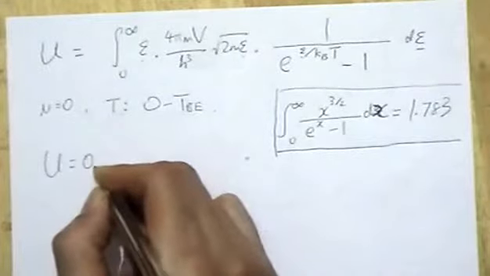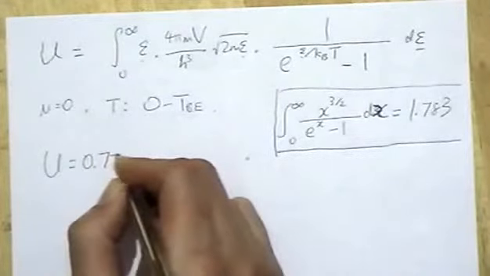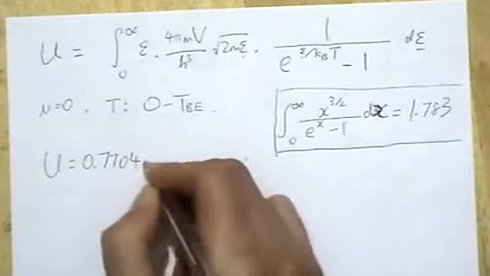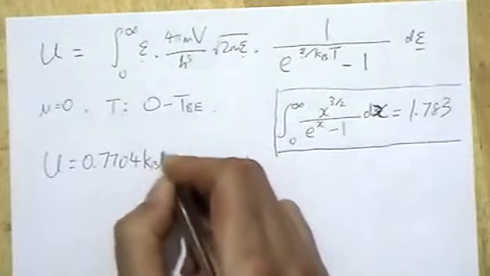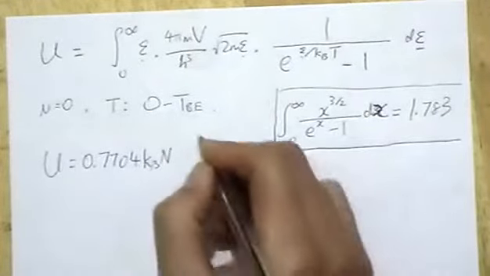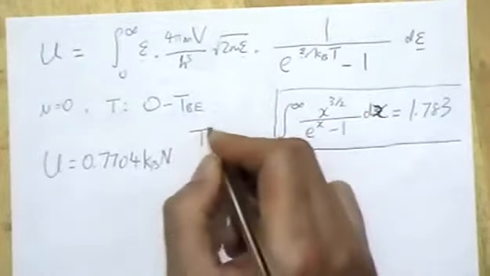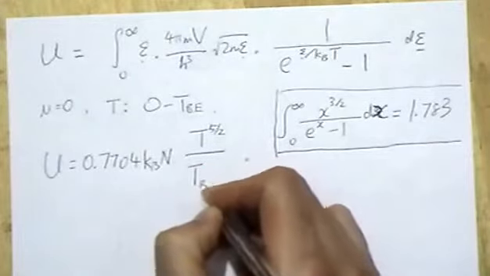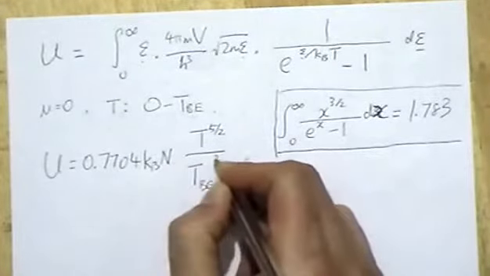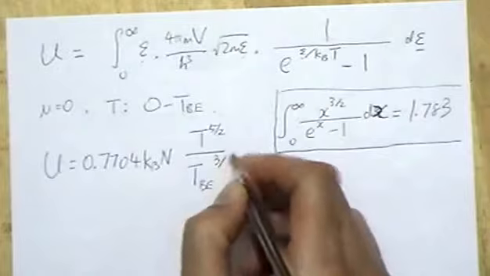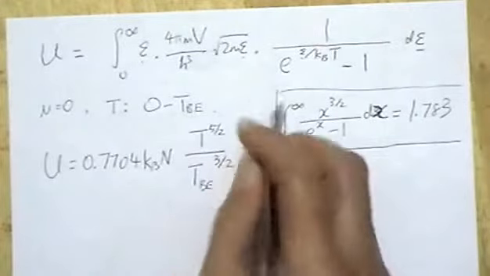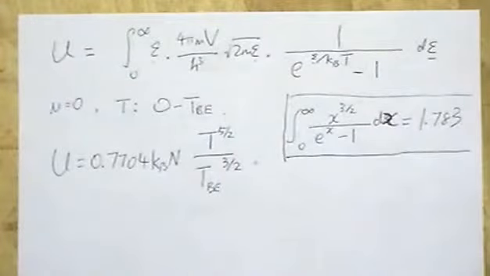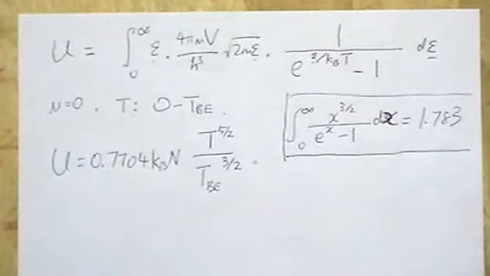It's 0.7704 kB and then T to the power of 5/2 over, now in terms of TBE, to the power of 3/2. Now we should just remind ourselves what TBE looks like.